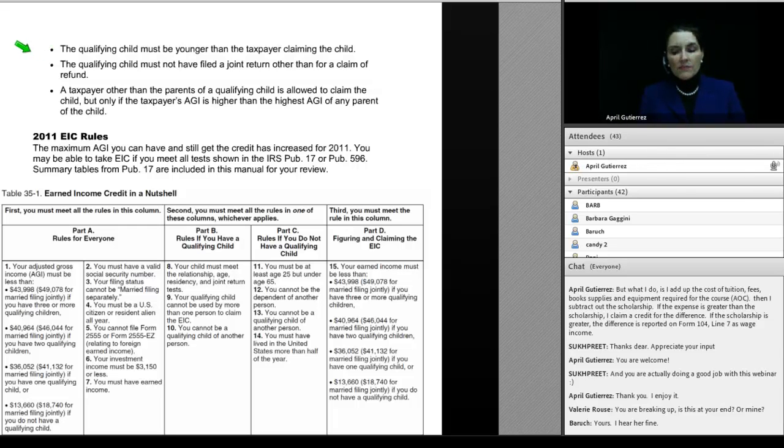Also, the qualifying child must not have filed a joint return other than a claim for refund, and a taxpayer other than the parents of a qualifying child is allowed to claim the child, but only if that taxpayer's adjusted gross income is higher than the highest AGI of any parent of the child. So previously, under the old rules, you could have a household with mom, dad, daughter, and grandchild, all living under the same roof, and mom and dad are married and they earn $50,000 for the year, and the daughter is a single mom earning $10,000 a year, and there's grandbaby.